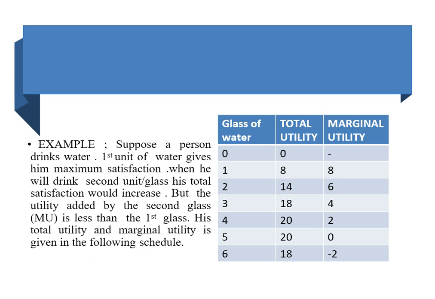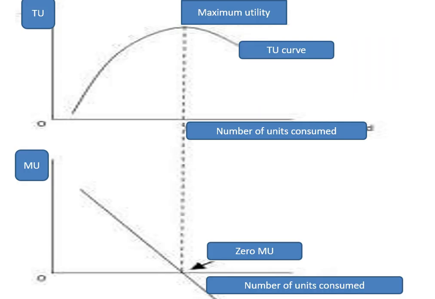So now let's discuss all this in a graph. As you can see, on the y-axis we have taken total utility, and on the x-axis we have the number of units consumed. We plotted all the utility and number of units here, and we joined all of these points and got the total utility graph.